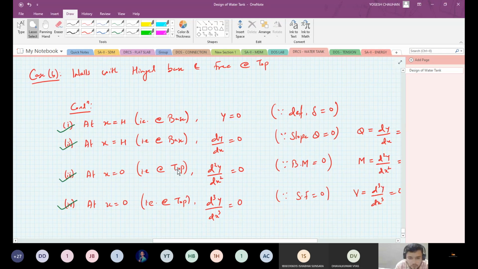So at base, at x equals 0, instead of this, at base, your bending moment is 0. So here it would be d square y by dx square.